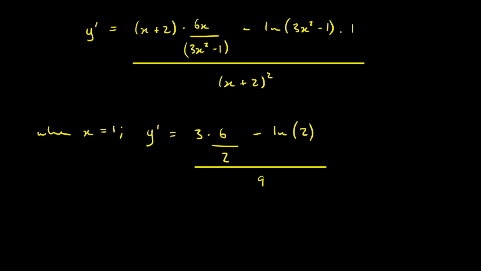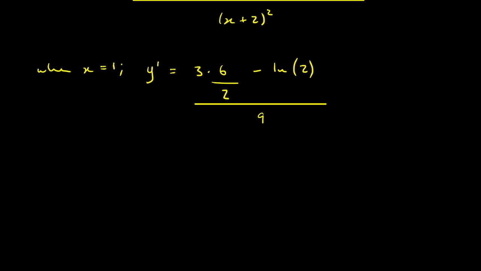Okay, so I think I've got that all right. Okay, we can simplify this a little bit. So 3 times by 6 is 18, divided by 2 is 9. So we've got 9 minus ln 2 all over 9, which is 1 minus a ninth of ln 2.